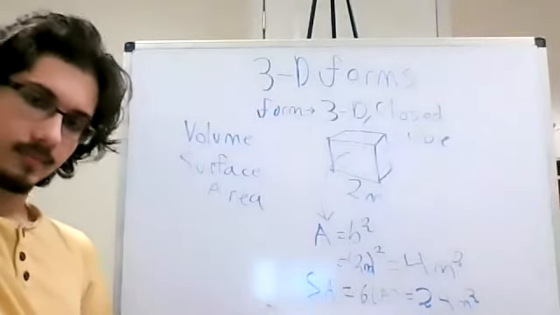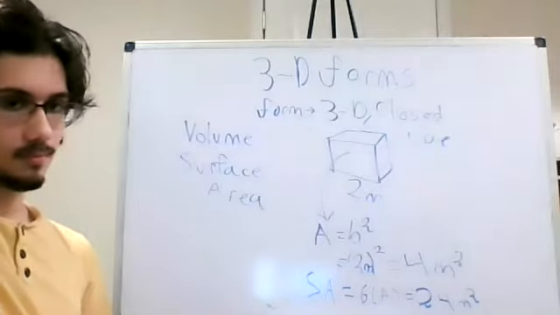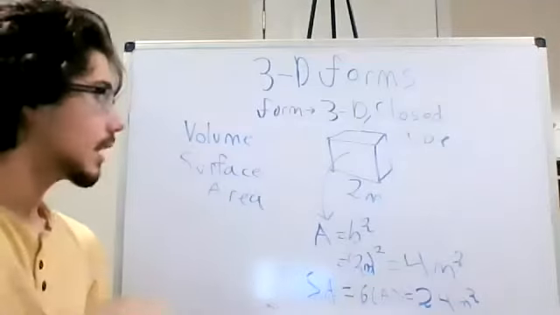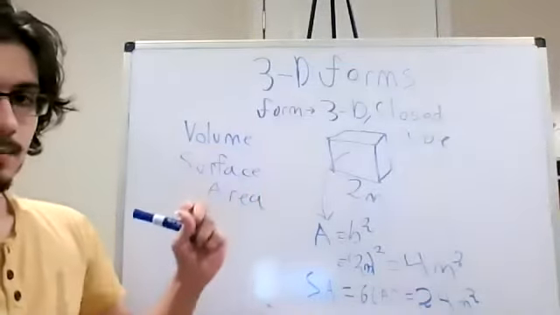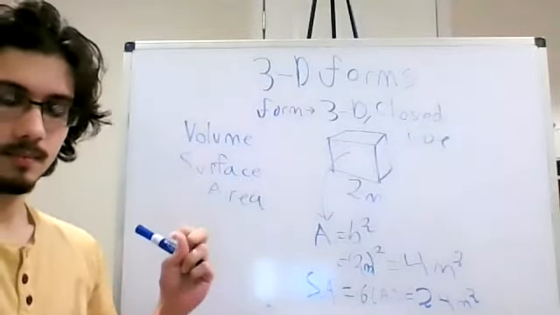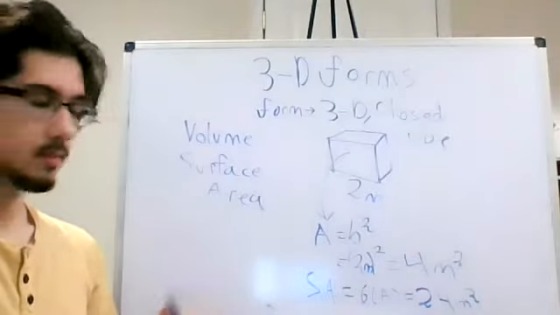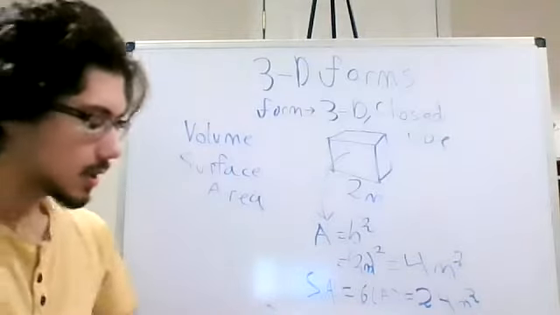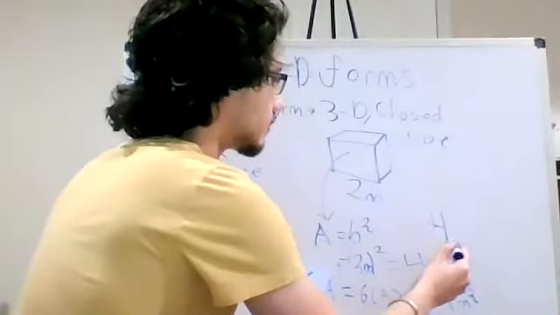Sir, we times 4. Wait, I can't see very well, sir. That's fine, Mr. Nathan. Sir, 4 times 4 times 4. Okay. So you're saying 4 cubed.